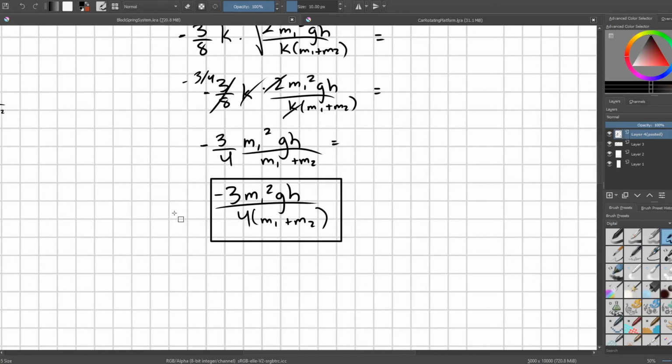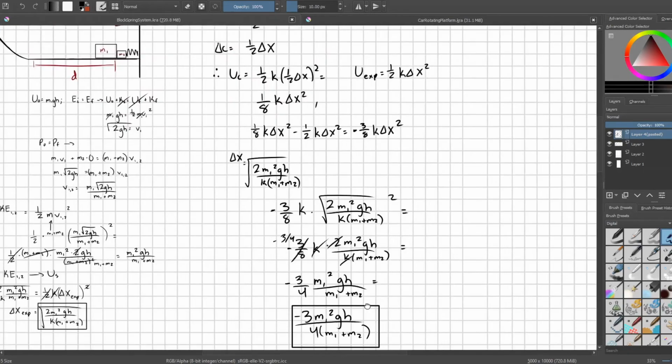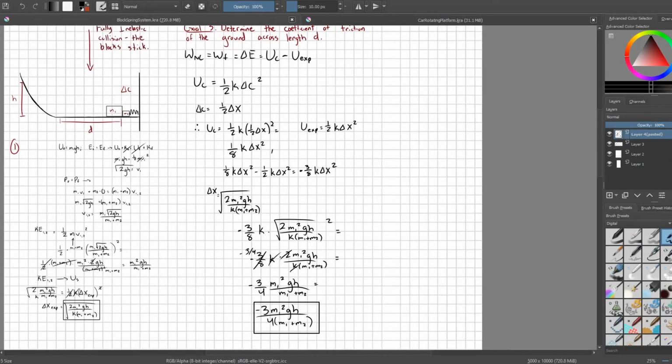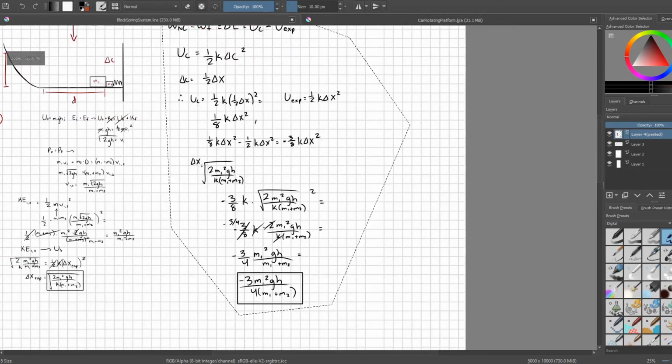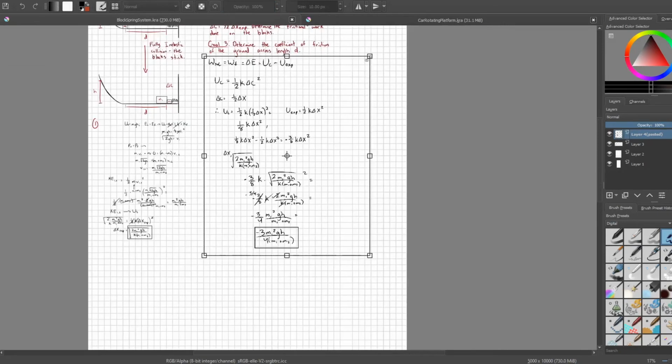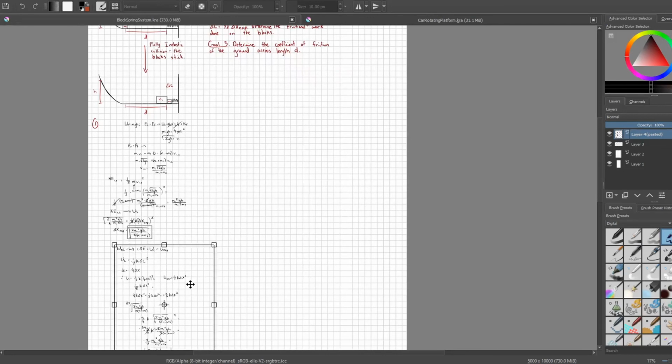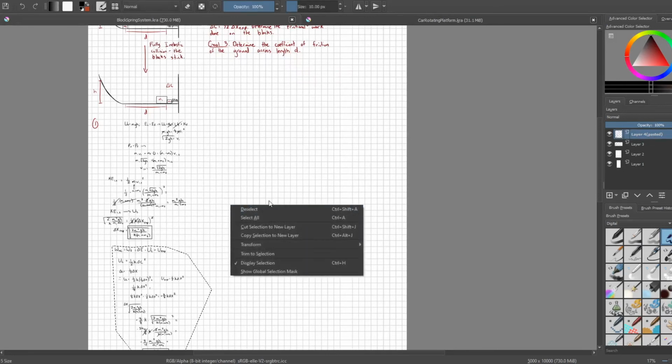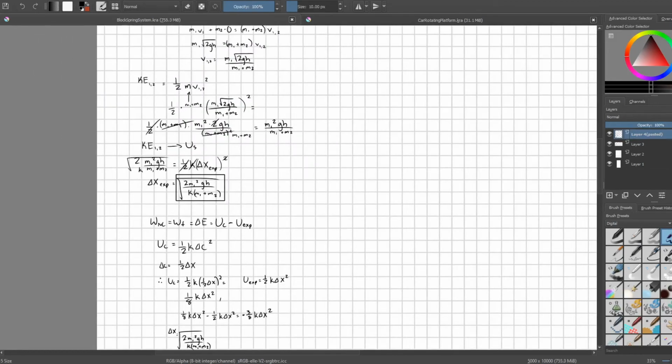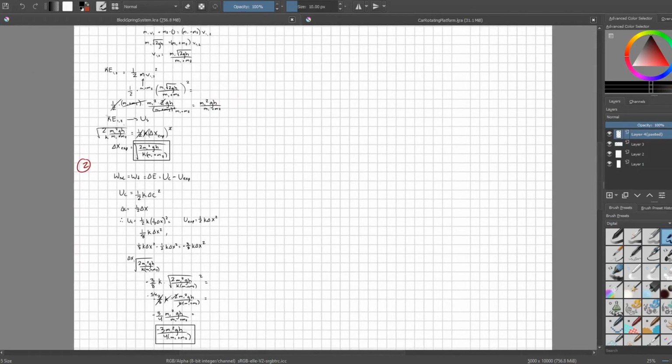And there we go. There is goal number 2 solved. Again, I'm just going to move it to the other side, shrink it, put a little number 2 there, and there we go.